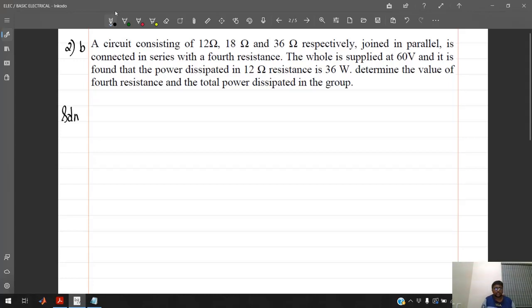So the moment you know the question is on DC circuit, it is always better to first draw the circuit. Let us break the sentence. A circuit containing 12, 18, 36 ohms respectively joined in parallel.